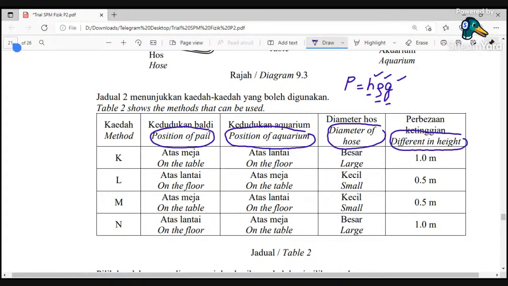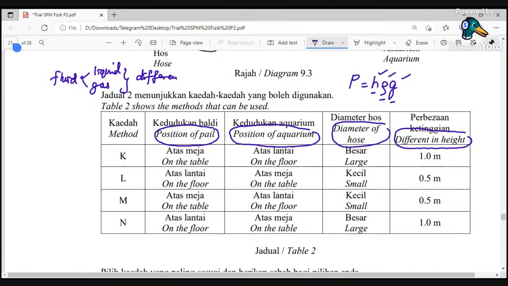So why can water be transmitted from one point to another? Remember the properties of fluid. Fluid means liquid or gas. Gas can flow or liquid can flow when there is a difference in pressure. Let me explain first, for example gas.